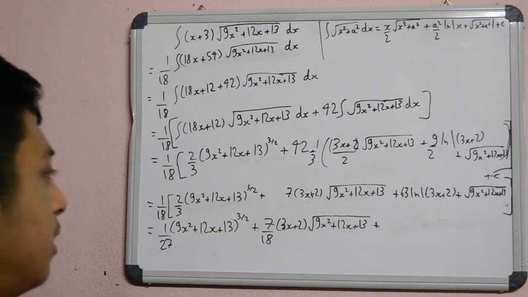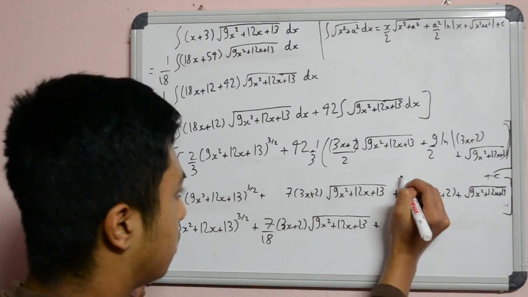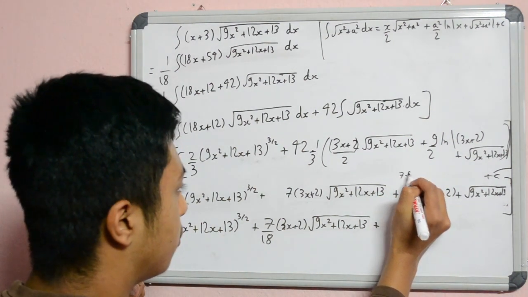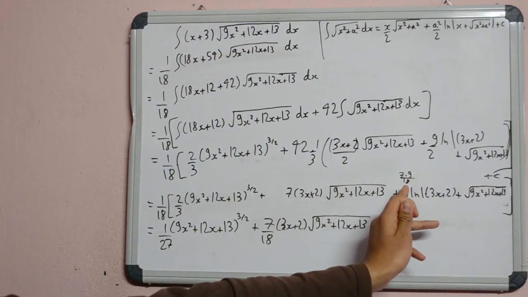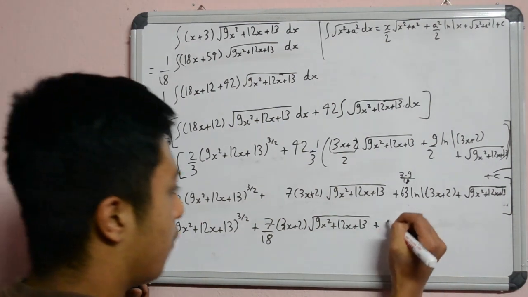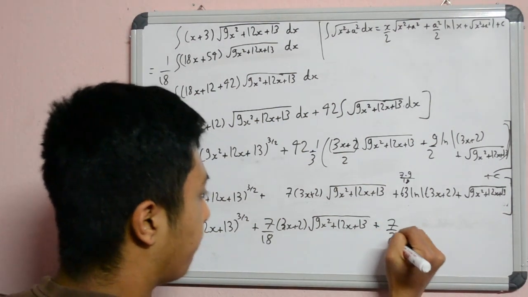Well, 63 by 18. So that's 7 into 9 by 18. 9 and 18 cancels. So this is just 7 by 2.